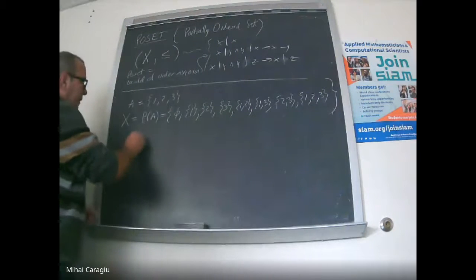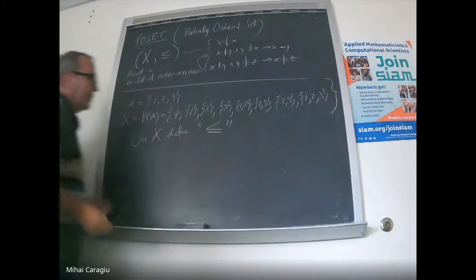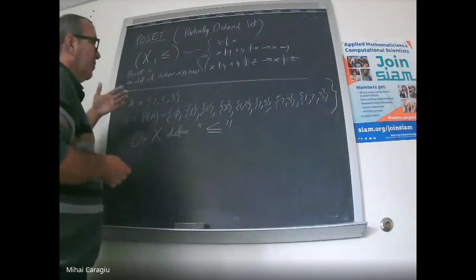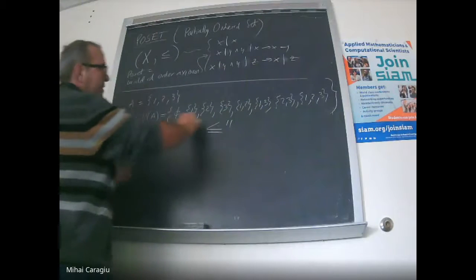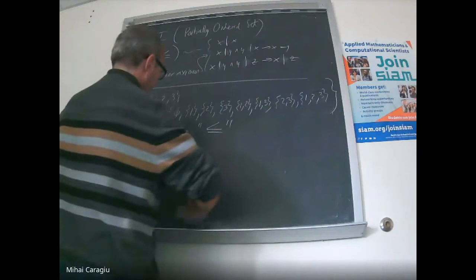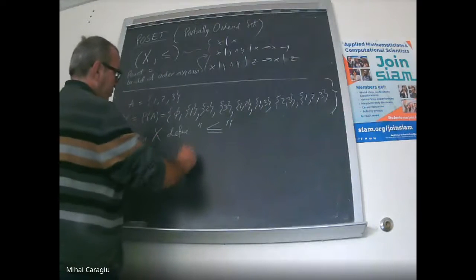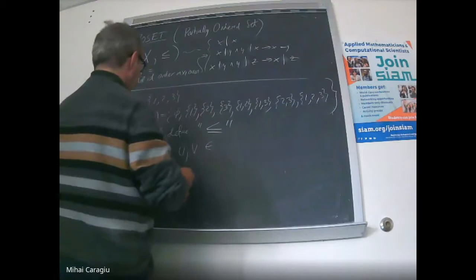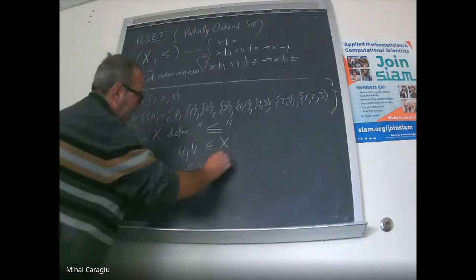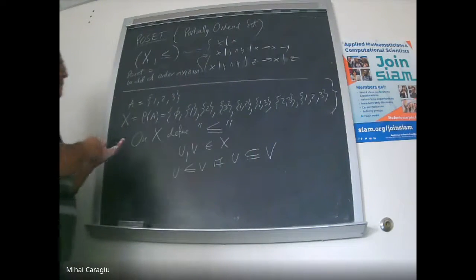On the set X, define less than or equal. For the abstract axiom of order, we have to specify an interpretation in this context. Let U and V be elements of X, meaning subsets of A. U is less than or equal to V if U is a subset of V. So being related means being a subset.